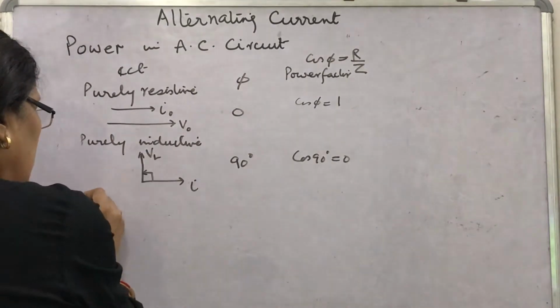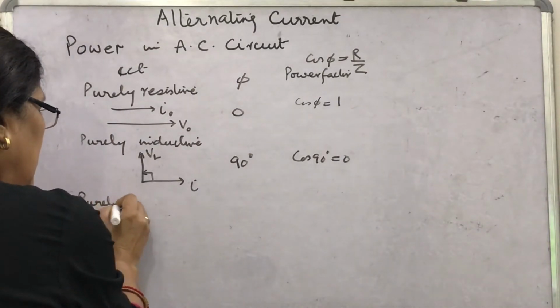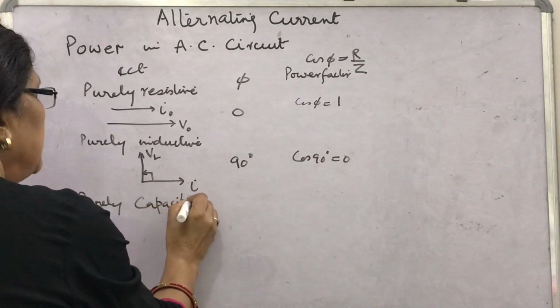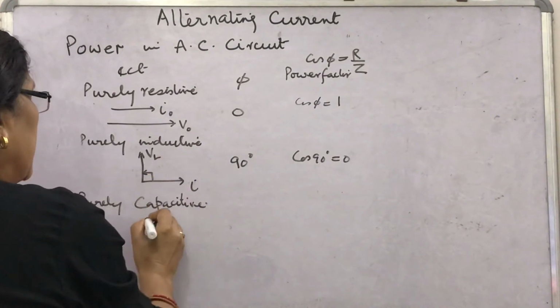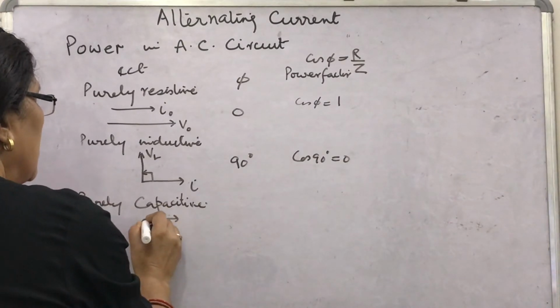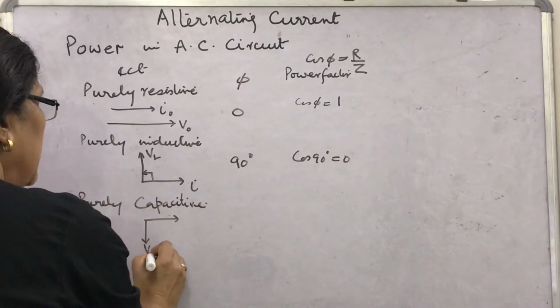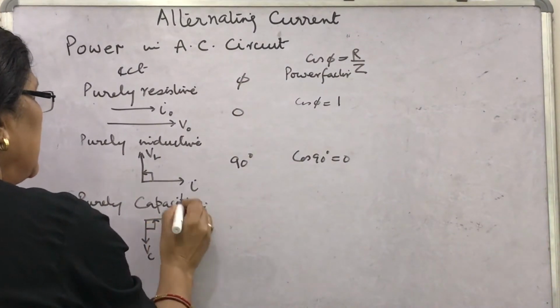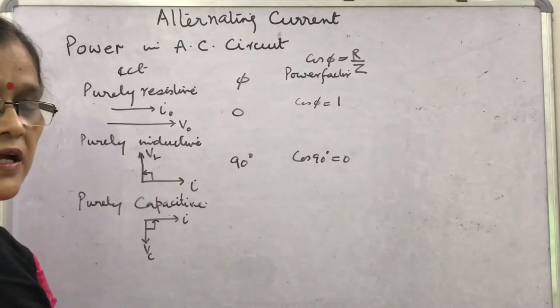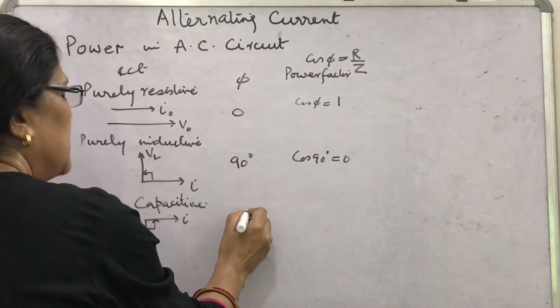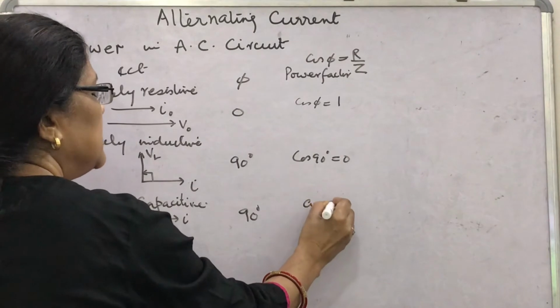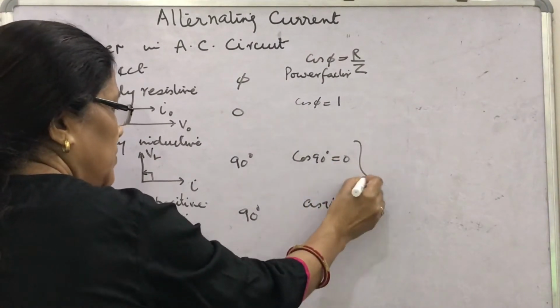Same when you take purely capacitive circuit. What is the difference here? That in purely capacitive circuit, voltage lags behind the current by 90 degree, or you can say current leads the voltage by 90 degree. So again, phi, that is phase angle, is 90, so cos 90 is 0. What do you see?